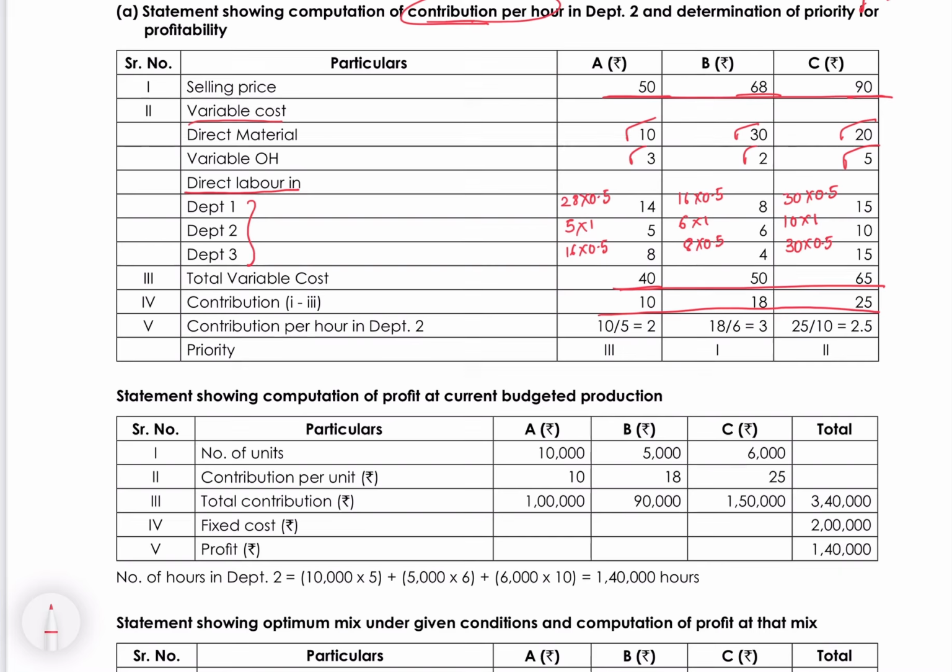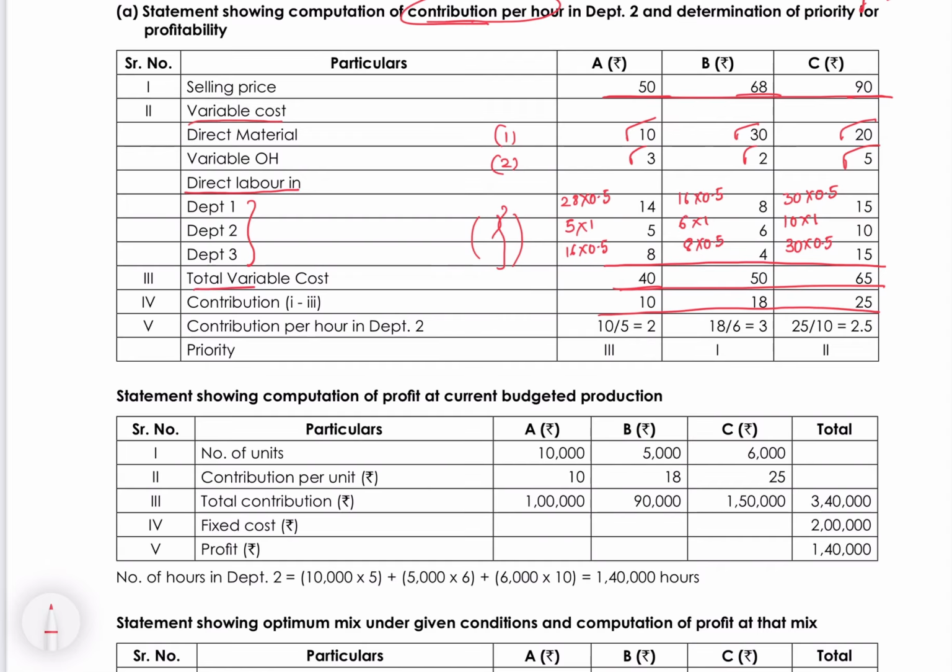Now, total all these variable costs, which are direct material, variable overheads, and all the direct labor, correct? That will total 10, 3 and 14 plus 5 plus 8, which will give you 40.